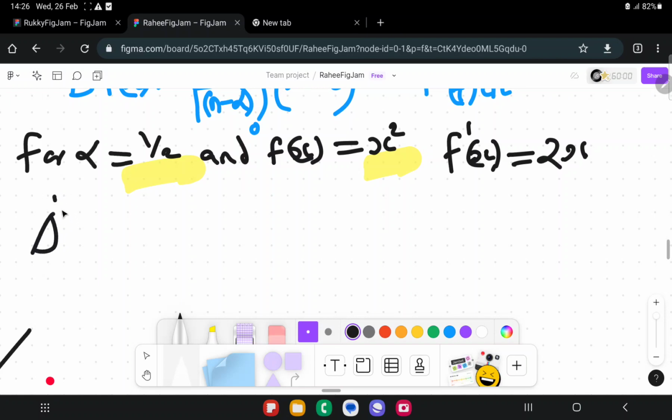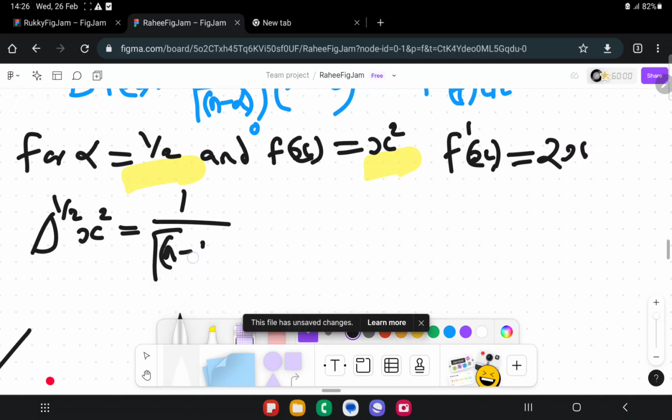So we have our D to the n alpha, f of x, which is given to be x squared, is equal to 1 over gamma of n minus alpha. Then we have our integral from 0 to x.